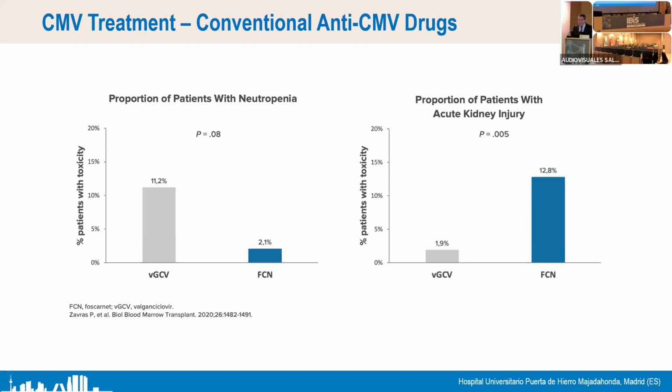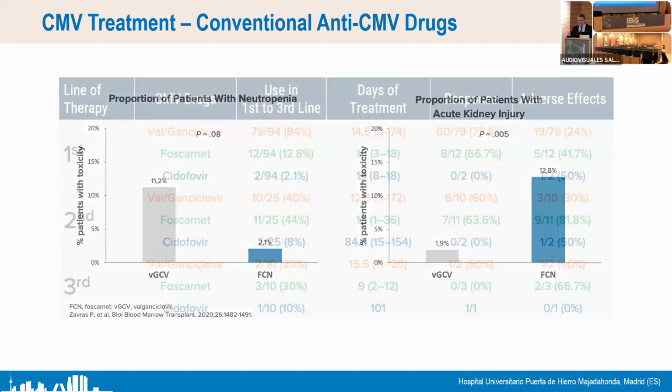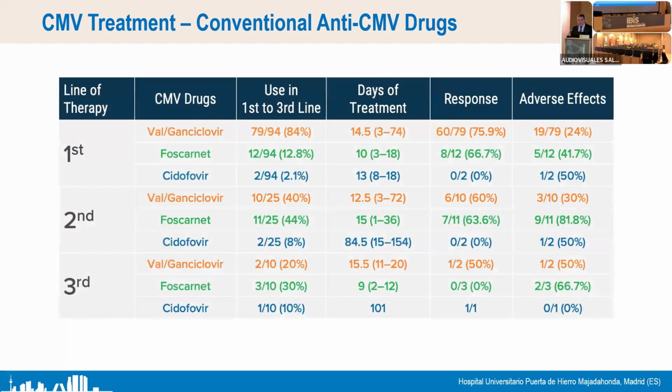I'd like to also highlight some of the data that we got from Carlos's study, looking at that toxicity not only in the first line of therapy, but what happens when you use foscarnet or ganciclovir, whatever it is, as second or third lines, because that's something that we do on a regular basis.